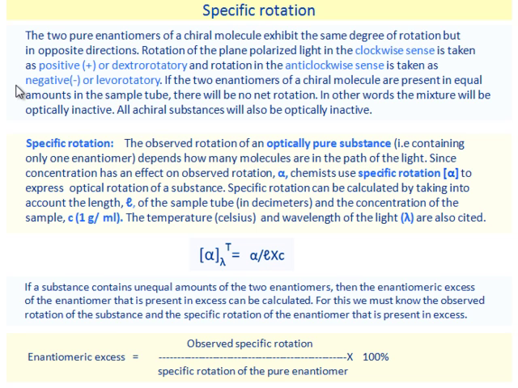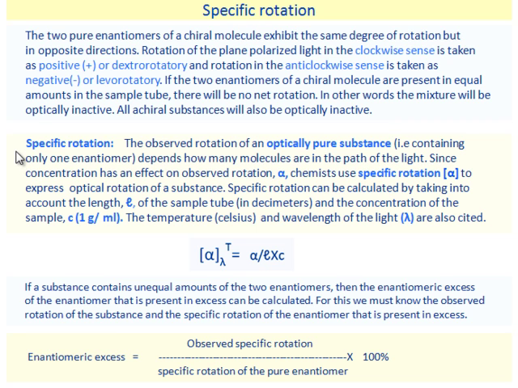If the two enantiomers of a chiral molecule are present in equal amounts in the sample tube, there will be no net rotation. In other words, the mixture will be optically inactive. All achiral substances will also be optically inactive.